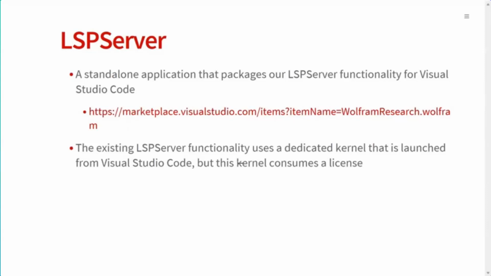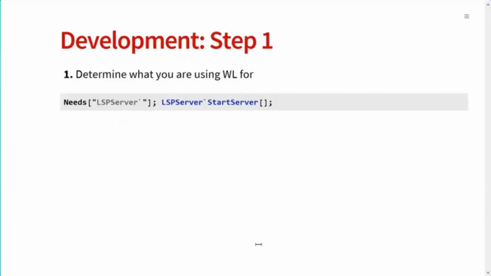So we thought this is a good example of the standalone applications project. What if we could develop a form of this extension that doesn't need that separate license process? Specifically, if we use code signing, we don't need the license process. So I'm going to use LSP server as a case study for how development using the standalone applications project works.